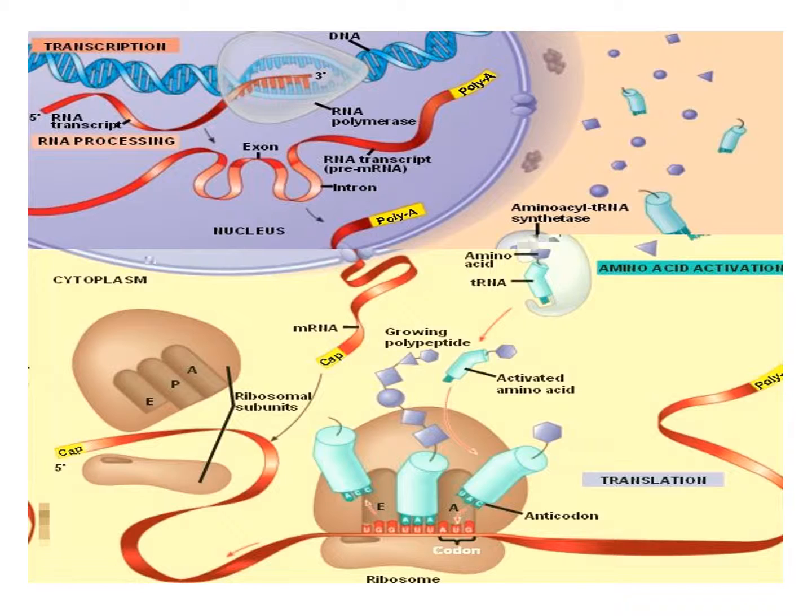The mRNA binds to this ribosome in the center of these two subunits, and fills the three sites: the E, the P, and the A site.